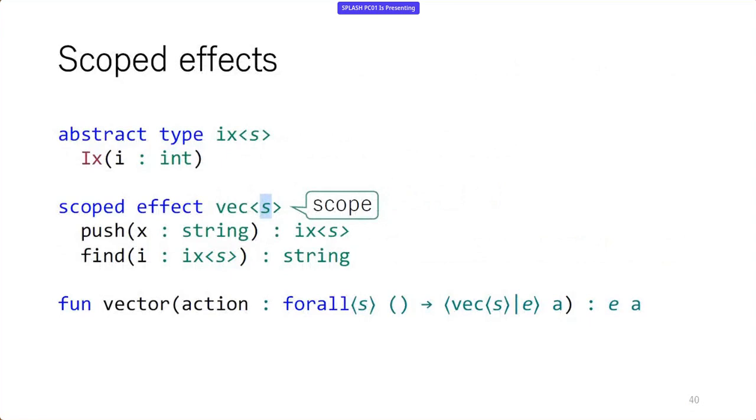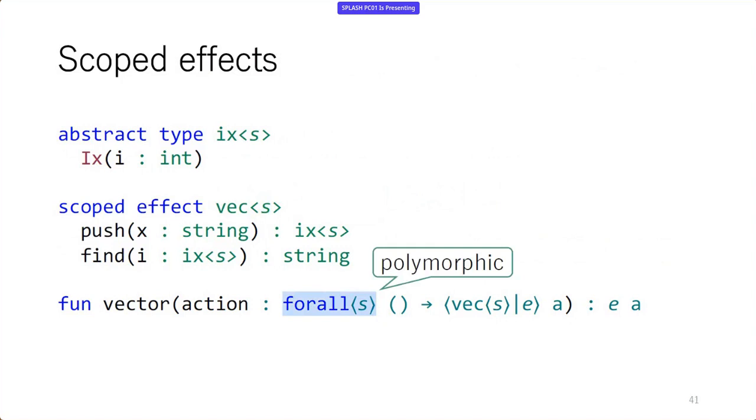Our solution is to combine named handlers with a special kind of effects, which we call scoped effects. Scoped effects differ from regular effects in that their effect label is associated with a scope variable. For example, the vector effect here, which represents a locally isolated state, has a scope variable S in its effect label. And when we define a handler for a scoped effect, we require the action to be polymorphic over the scope variable.